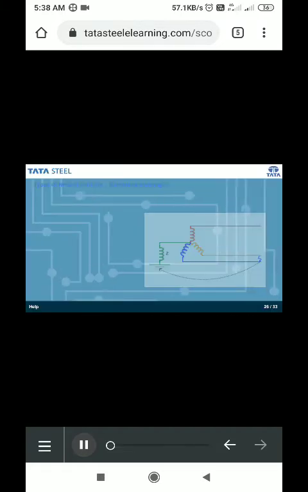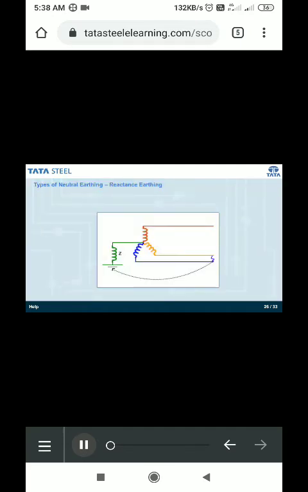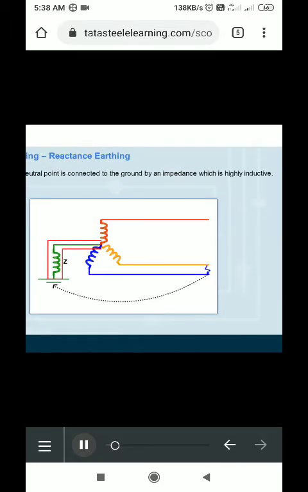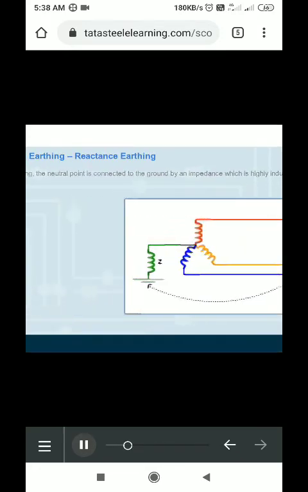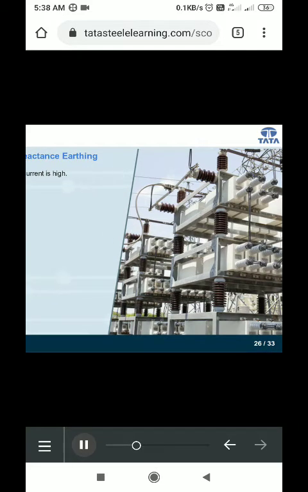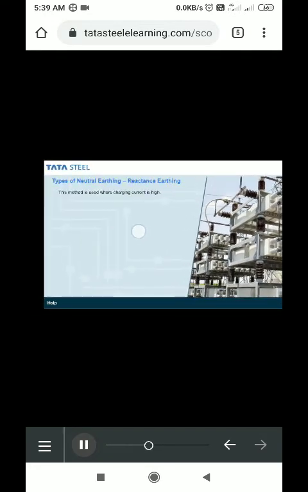Moving on to the next type, we have reactance earthing. In reactance earthing, the neutral point is connected to the ground by an impedance which is highly inductive, as you can see in this diagram. This method is mostly used where the charging current is high, such as in capacitor banks, and line reactors used for voltage control of transmission lines, etc. Reactance earthing ensures satisfactory relaying of current and partial grading of apparatus insulation.